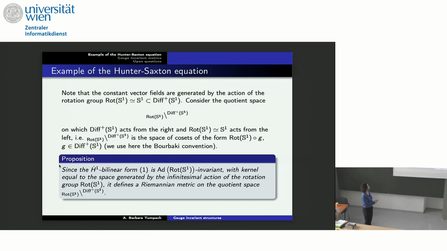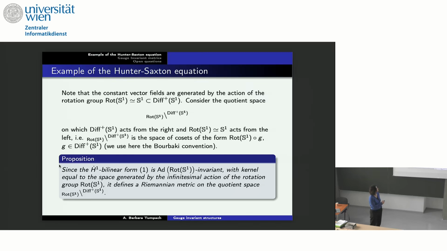So the proposition is the following. We have a right invariant metric, and we want to know when it descends to the quotient, and actually we can look at everything at the Lie algebra of the group here. So the invariance that makes the metric go down to the quotient is the Ad rot S invariance.